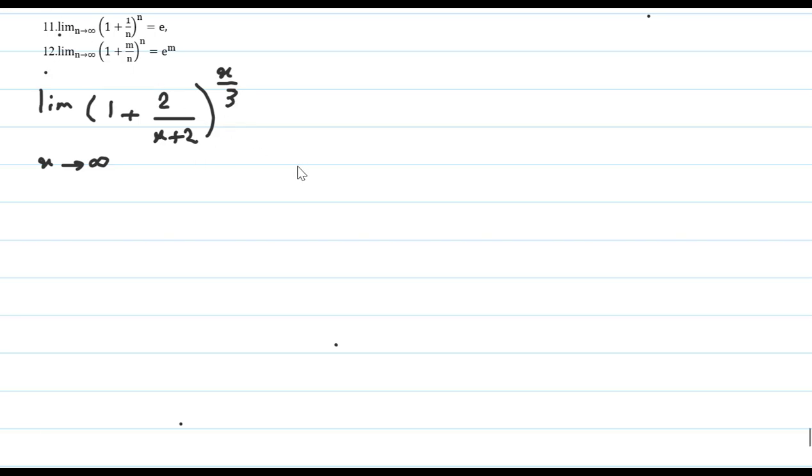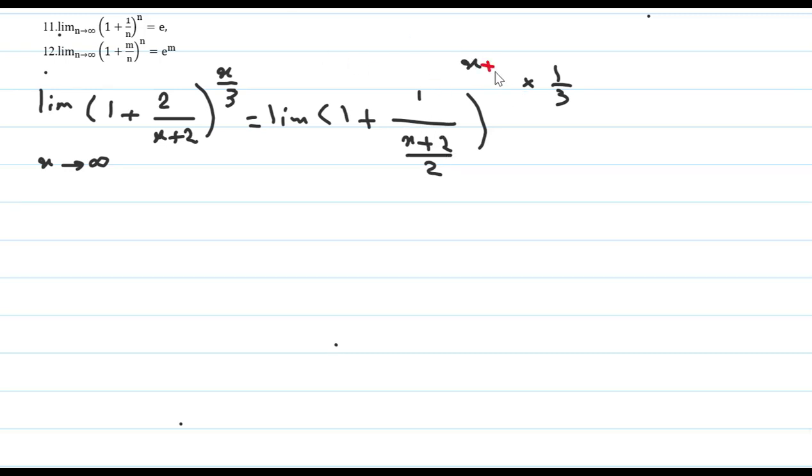We can write the limit of 1 plus, with the 2 coming into the denominator of x plus 2, so I can write (x plus 2) over 2, and here I have x times 1 over 3. I want to get (x plus 2) over 2 because this should be n. So I add 2 and subtract 2 over 2, as x approaches infinity.